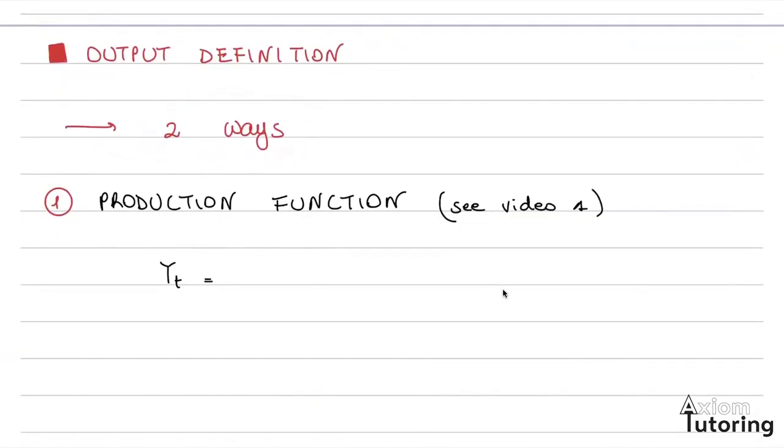The first one, we've extensively looked at it in the first video of this series, but just as a reminder, let's recall that it is given by the production function, which multiplies a factor A, which is called technology or total factor productivity.